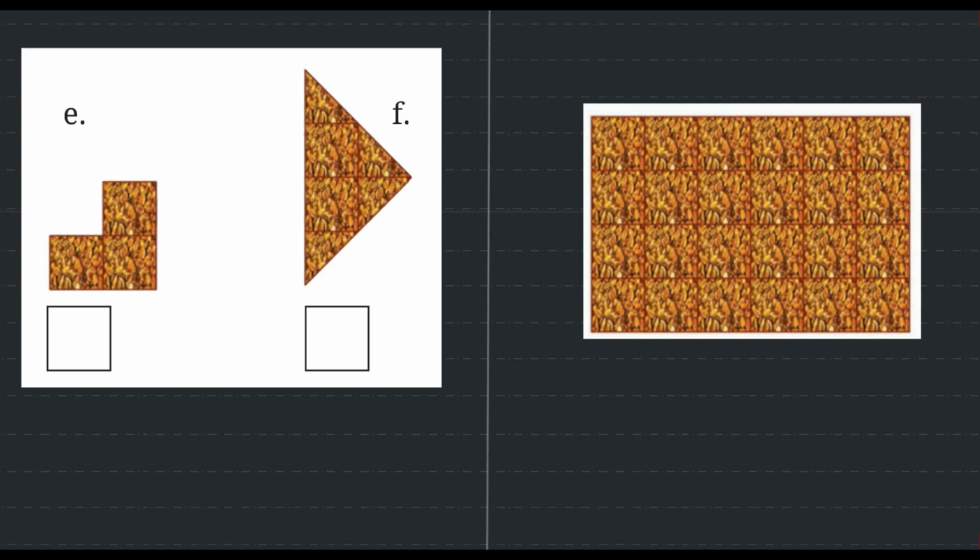This looks like, I forgot the name of that game. Bricks, right? Bricks. So if this is one block, then this is second, this is third, right?